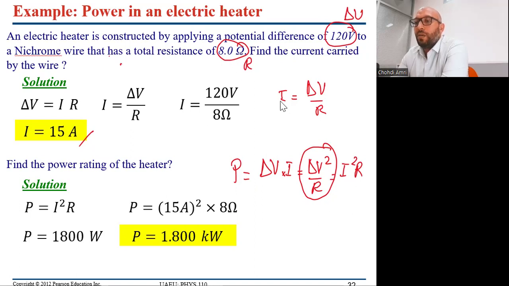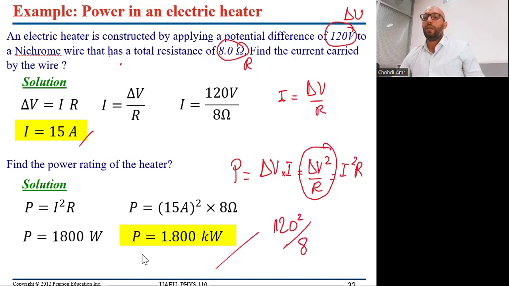Sometimes students make mistakes in the calculation of I, so we avoid using I, because the question gives delta V and R. So we can write 120 squared divided by 8, and we get 1,800 watts.